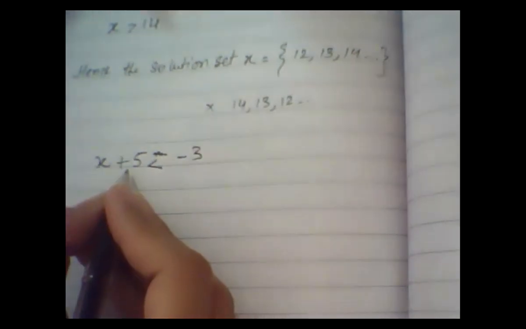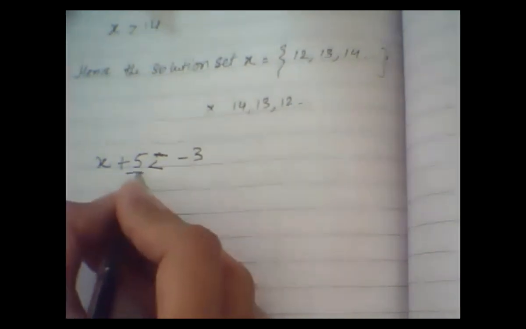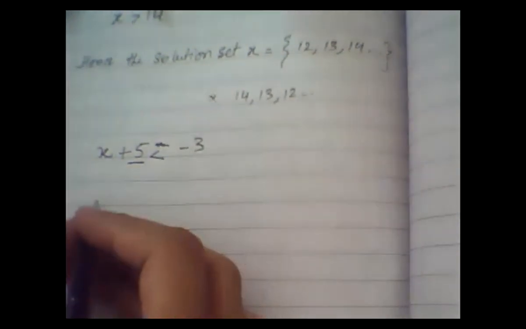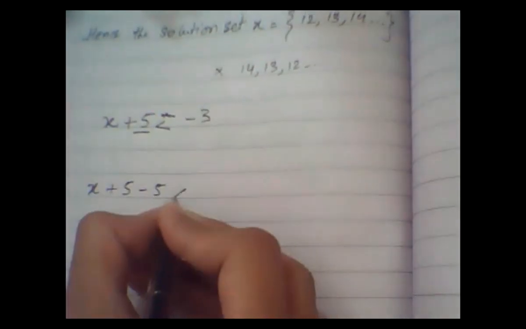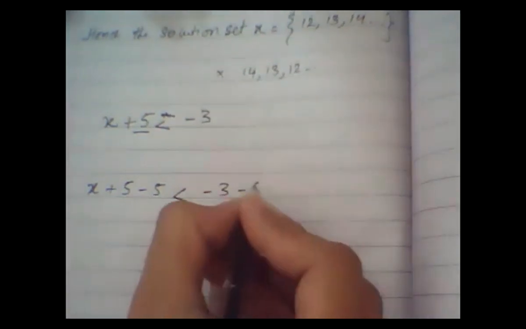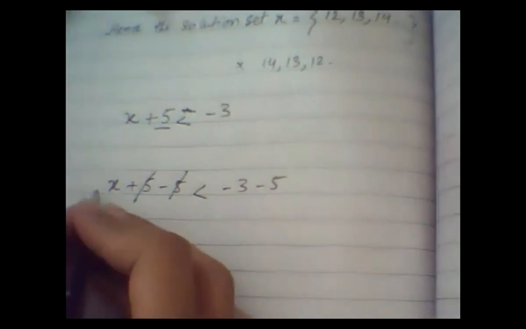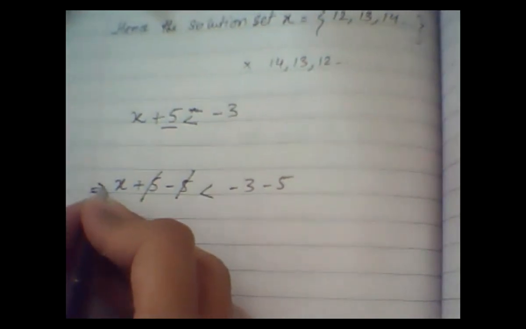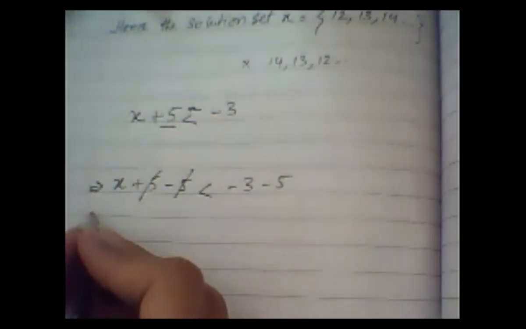So this 5 is adding on both sides. What will we do, students? Here in x plus 5, we are subtracting 5 from both sides. This 5 will be cancelled. And don't forget to make this symbol over there. We have to make this symbol like this, right?